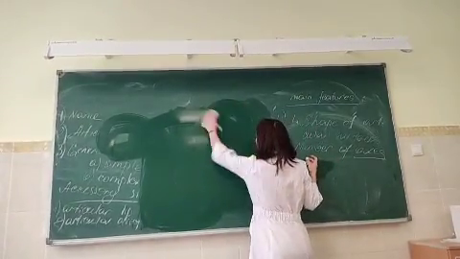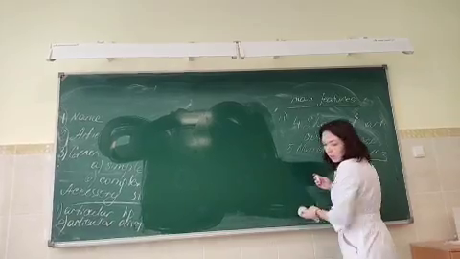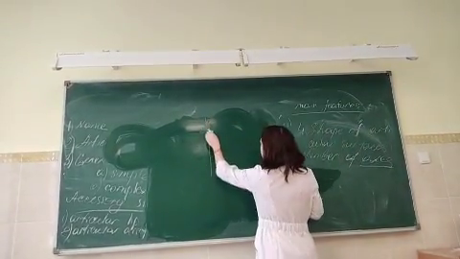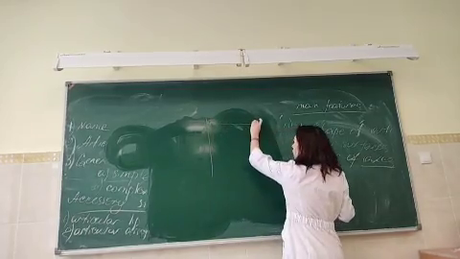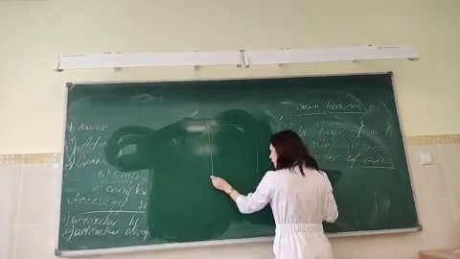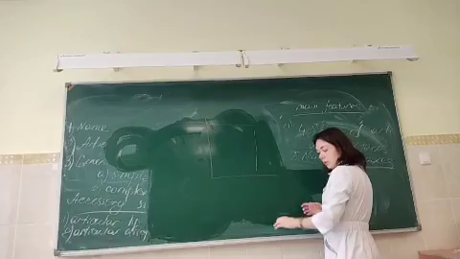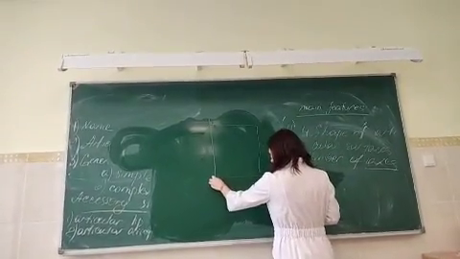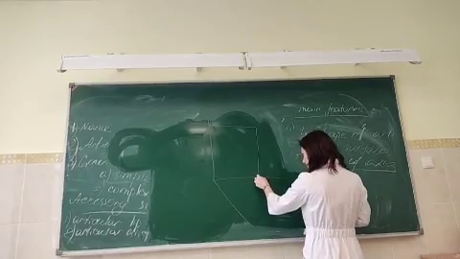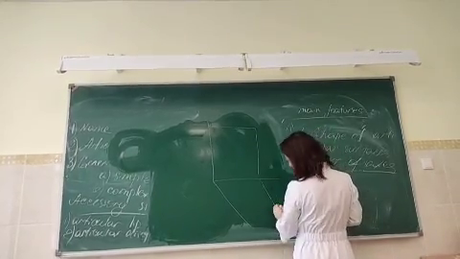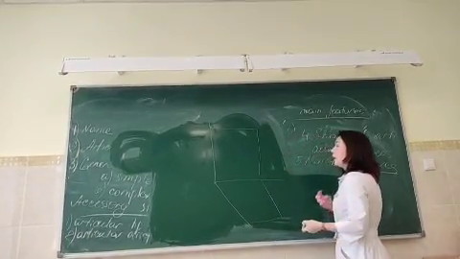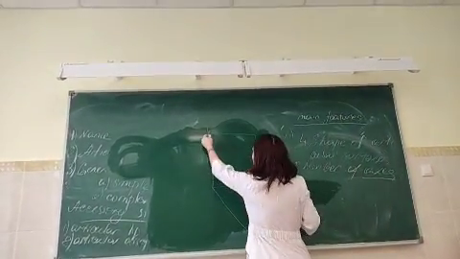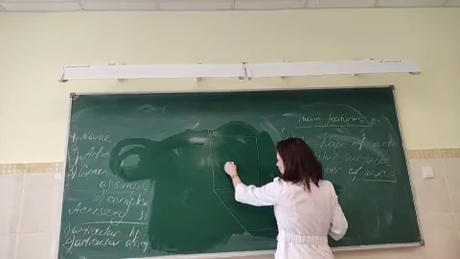Previously, we have already studied planes, and there are three planes perpendicular to each other. First, there is a plane that is parallel to the blackboard. It is the frontal plane. There is a plane that is parallel to the floor. It is the horizontal plane. And there is also a plane that is parallel to the wall, the sagittal plane.